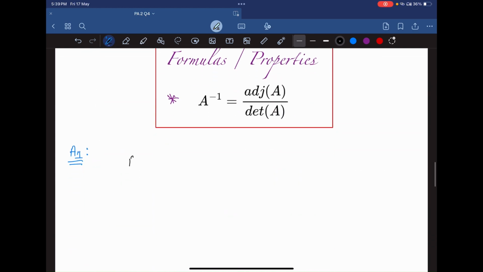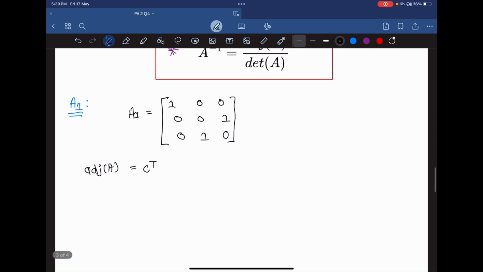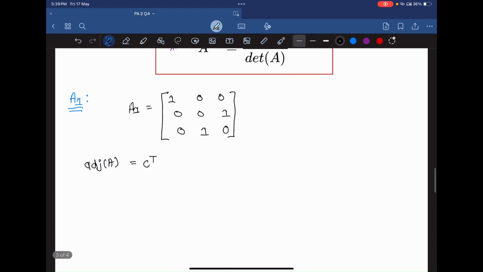So let's note down A1, 1, 0, 1, 0. Now we will try calculating the adjoint of matrix A. The adjoint of any matrix is the transpose of the cofactor matrix, where the cofactor matrix contains the cofactor of the matrix at each ijth entry.